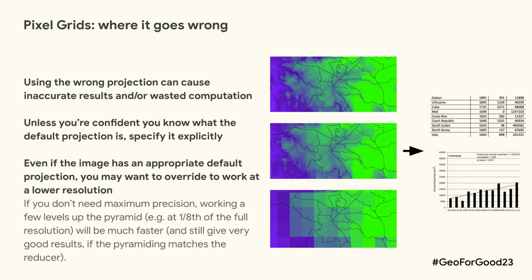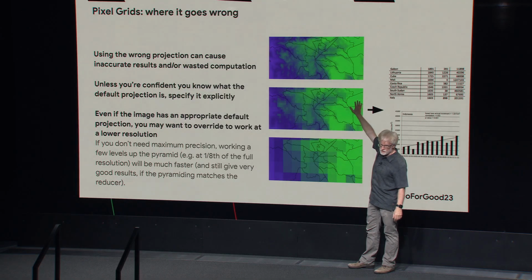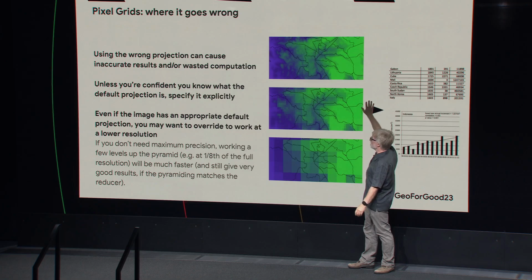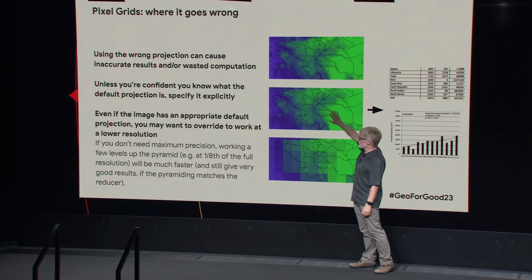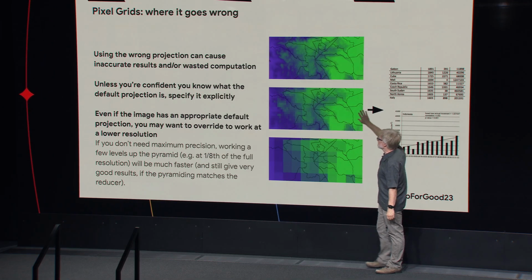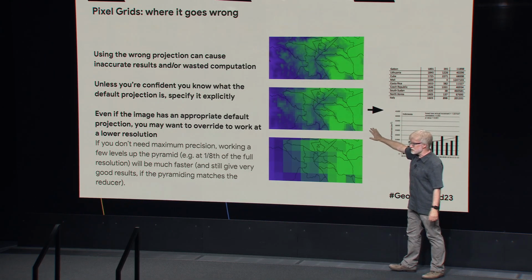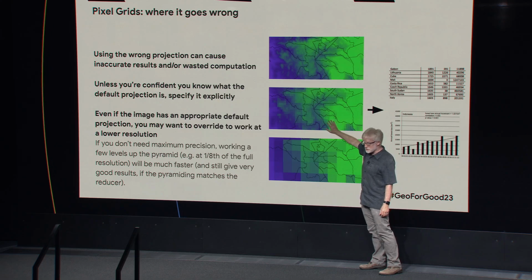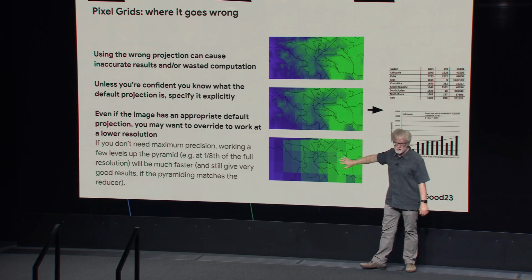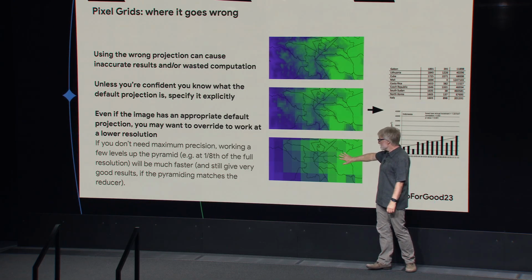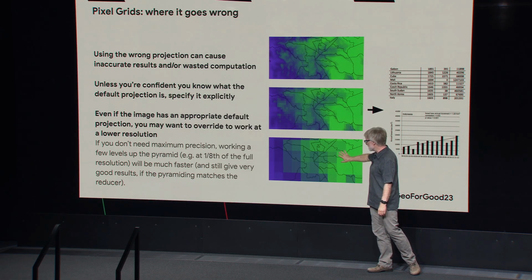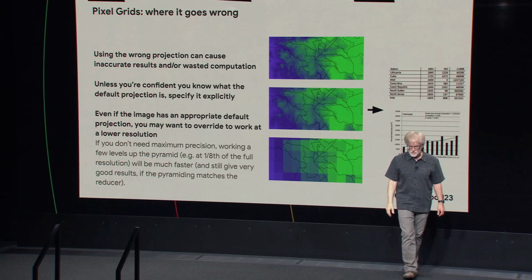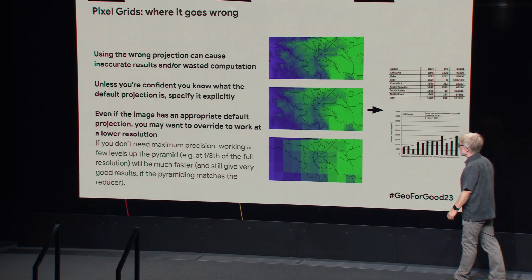If I do it at a very high resolution, that's what the upper image is trying to show, I'll presumably get the most accurate set of results I could. If I do it at a somewhat reduced resolution, I'll probably get close to the same results. It depends a little on the nature of the data and the nature of the reducer. If I end up down at this resolution, chances are I'm going to get pretty inaccurate results or possibly complete garbage, because now the pixels are almost the same size as the regions that I'm trying to aggregate over.